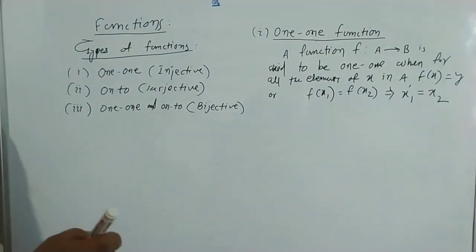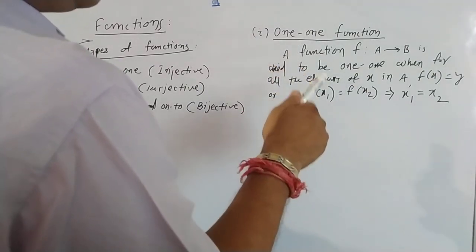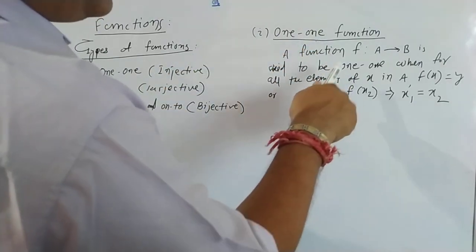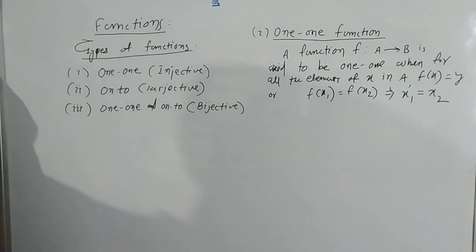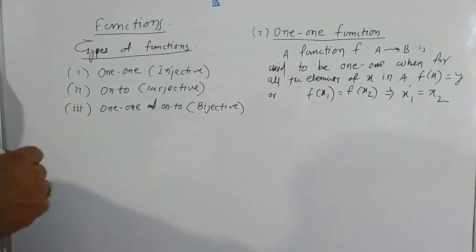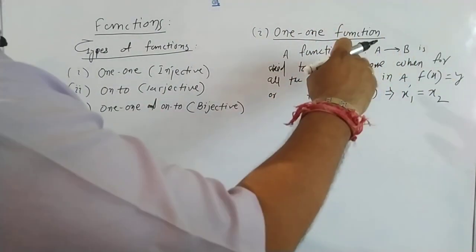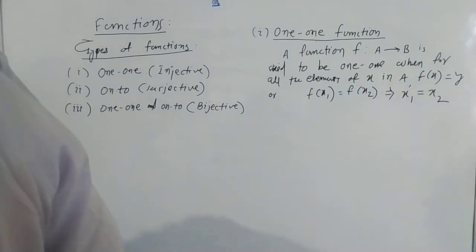This is a one-one function. Each element has only one image. One element in set A has one image in set B. But remember one thing, in set B there may be some elements which are not the image of any element in set A, but it can still be one-one.